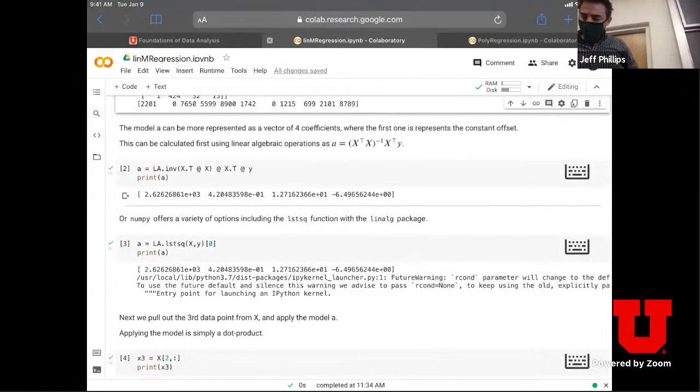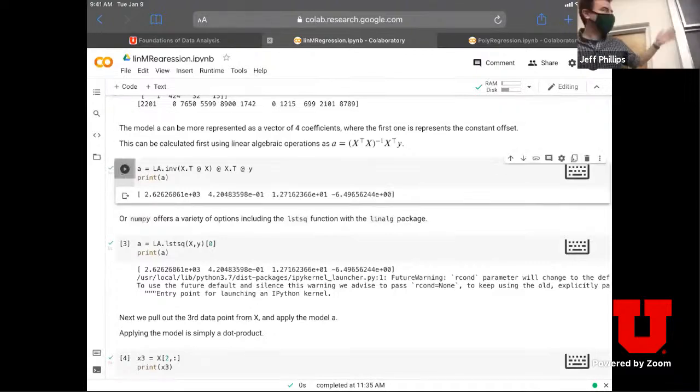So then I just have X transpose X, I invert that, I multiply by X transpose again and by Y. I run it and I get out my alpha values. This is exactly how I got those values that I wrote up on the slides before. I wrote them in scientific notation, a little harder to read, but that's what they are.